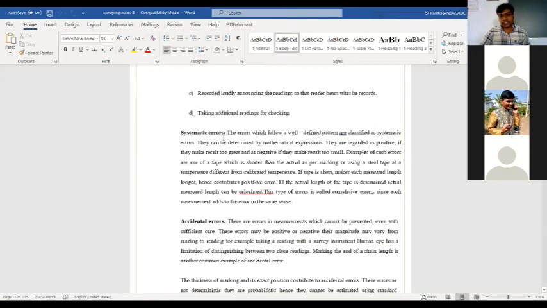Next, systematic errors. In systematic errors, what kind of error are we going to have? Mathematical expressions, whatever we make use of in the calculation of areas and volumes. The mathematical expressions we input should be properly formulated while calculating these areas and volumes.